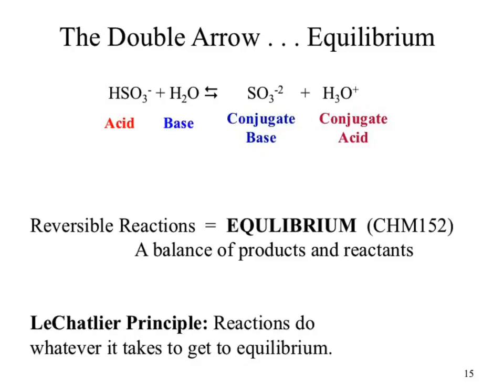No. If it is very easy to reverse, I should be very concerned about it, because what happens as soon as I form products? It can reverse, because it's easy to reverse. So if I have a reaction that is highly reversible, I need to be concerned about it. What if it is not easy to reverse?